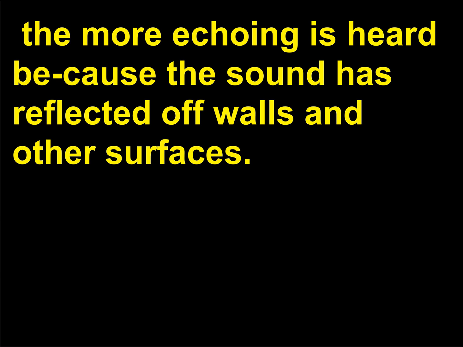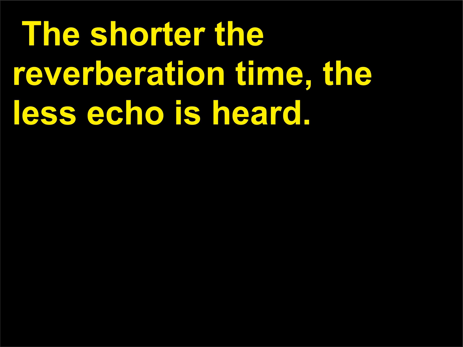The longer the reverberation time, the more echoing is heard because the sound has reflected off walls and other surfaces. The shorter the reverberation time, the less echo is heard.